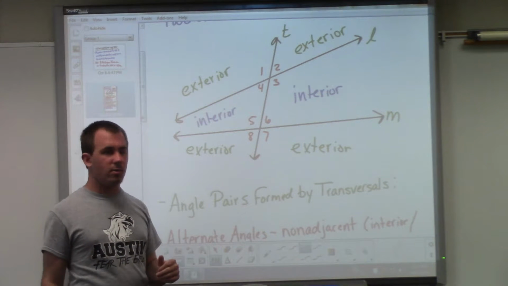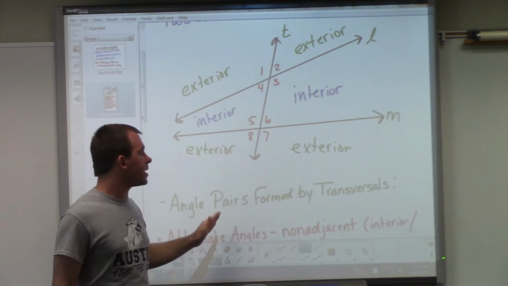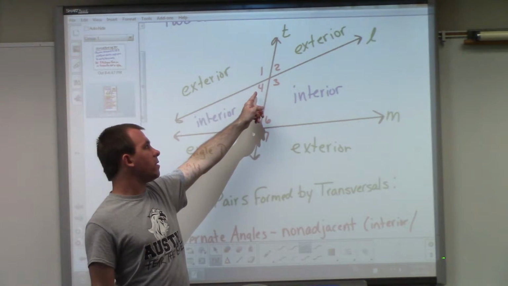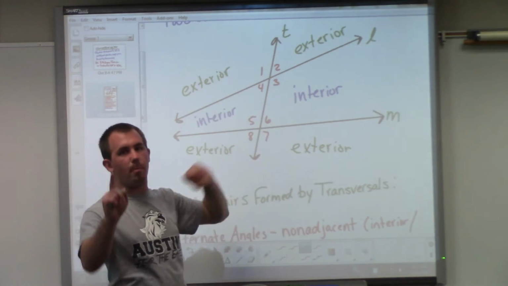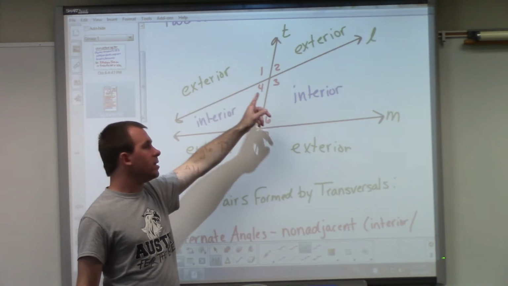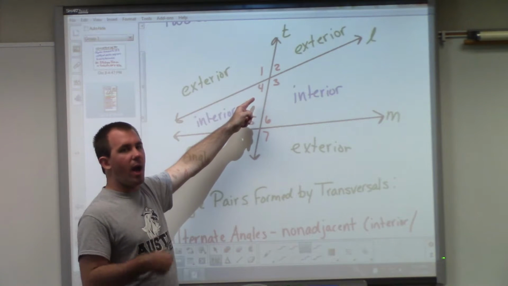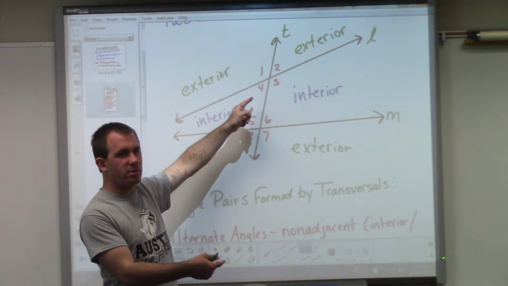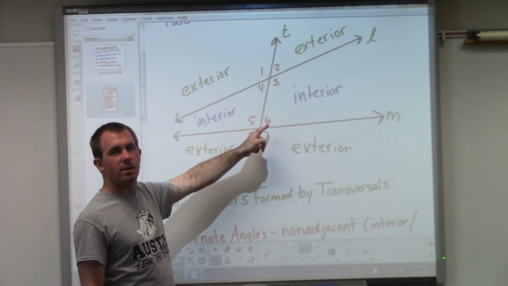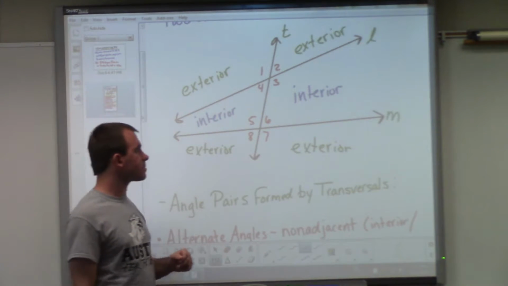And we also know that they have to lie on opposite sides of the transversal. The transversal is T. Well, 4 and 3 are on opposite sides, but the definition said non-adjacent, so we can't use 4 and 3. So 4, the only other angle that's in the interior on the opposite side of the transversal is going to be 6.